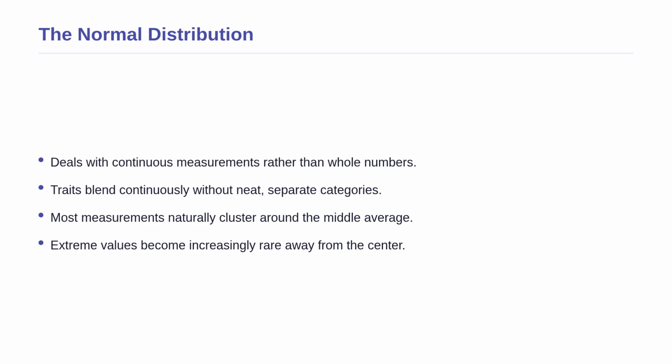Instead, they blend continuously. The normal distribution describes how most of these measurements naturally cluster around a middle average. As you move further away from that center, extreme values become increasingly rare. This behavior makes it the most important distribution in all of biostatistics.